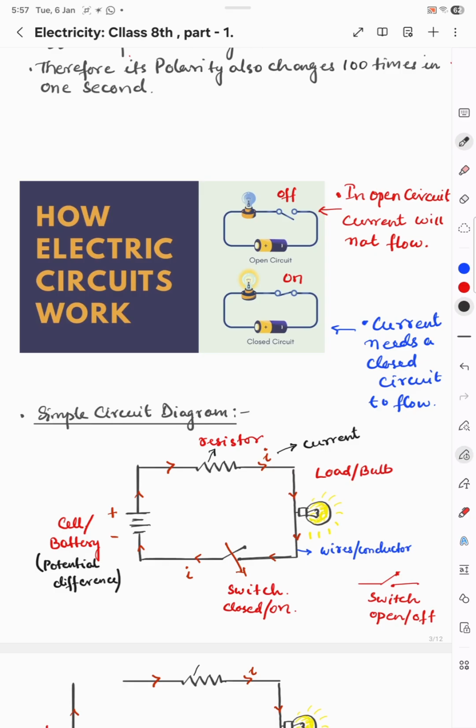Now if the switch is open, there is a break in the circuit, so current will not flow. Now as soon as we close the switch, the circuit gets completed and current starts flowing through the circuit and the bulb glows. This is a simple explanation of how current flows through a circuit.